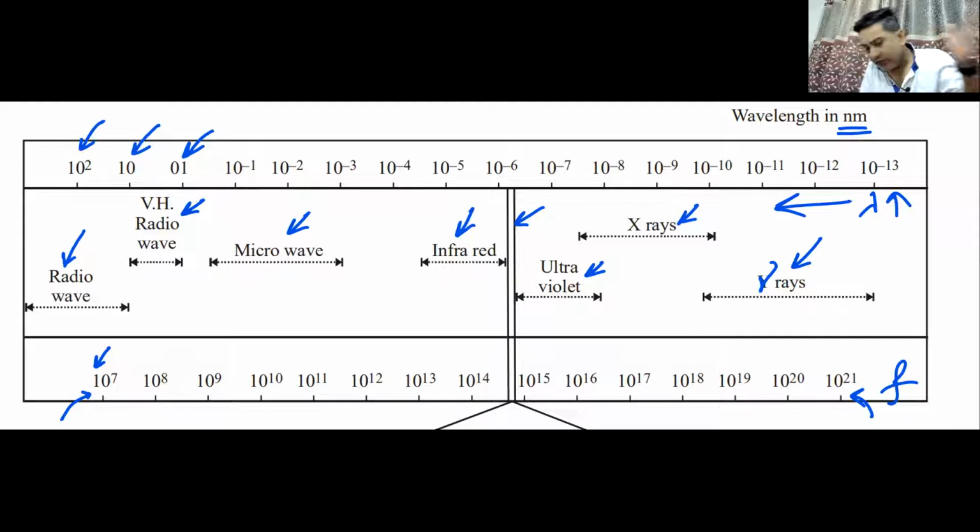Now, if you understand one, the other one would be the reverse of this. I'll give you a minute to just write it, not from the table. You just write it in your own hand. Increasing order of wavelengths: lowest wavelength gamma, then X-ray, then ultraviolet, then visible, then infrared, microwave, VHF radio wave, and radio wave.